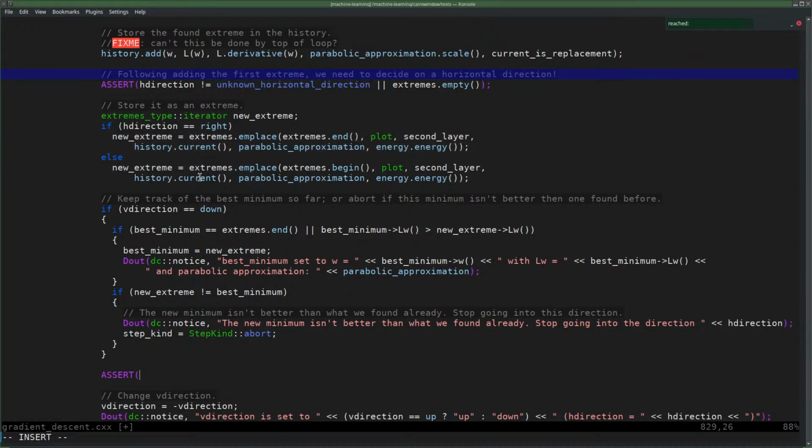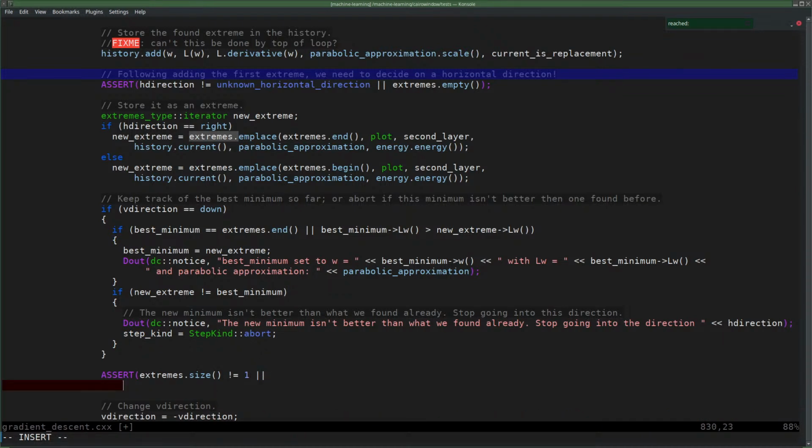So it's simply the first time that we got here means that the number of elements in the extremes container is 1. So size is unequal 1. So now we have the case where this was the first time.